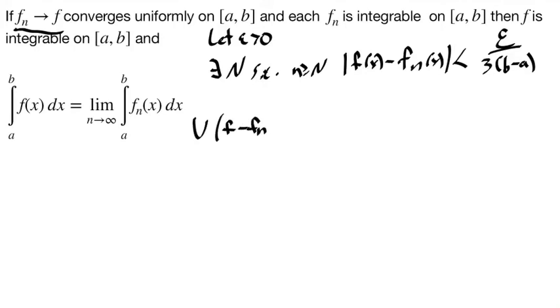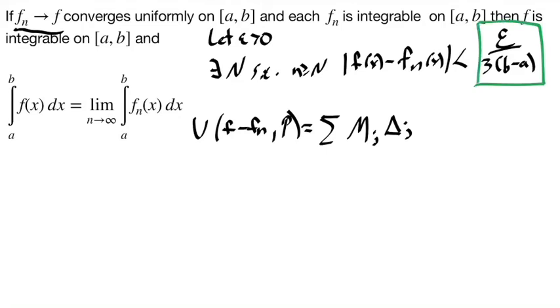Okay, so now that we have this, all we have to ask is, what is the upper estimate for f minus fn? So what's the upper estimate for all of these f minus fn terms over any partition? Notice that it is the sum of the maximum values on the partition, which I'll index by j, times the width of the partition. But each of those maximum values has to be less than the estimate that we made a second ago, because that's what uniform convergence tells me.